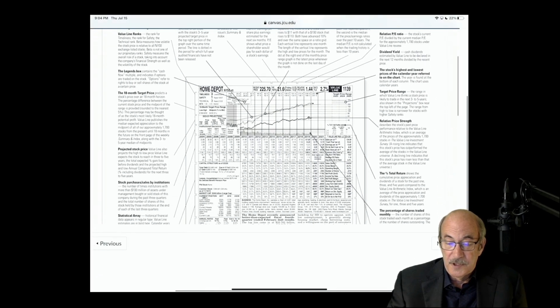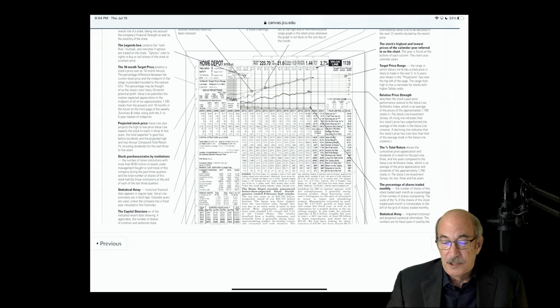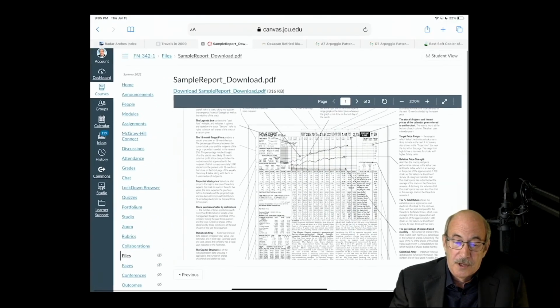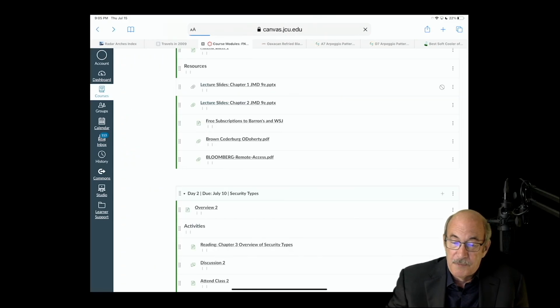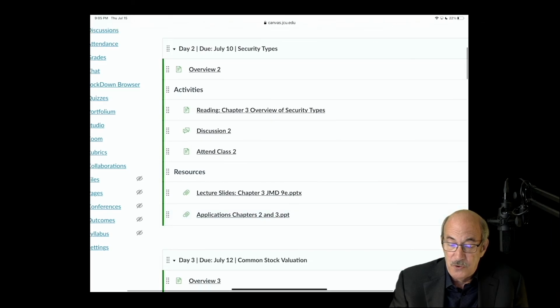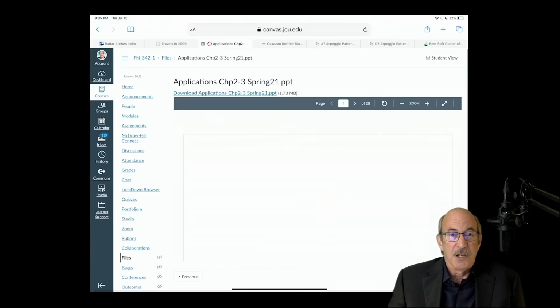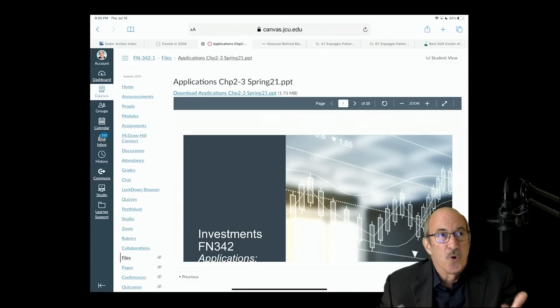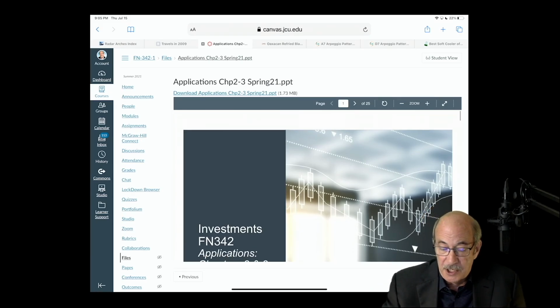This gives a little index to everything on that page. So work through those. There's another set of problems up here under day 2, applications for 2 and 3. And again, just more practice in working through problems very similar to what you had in the homework.